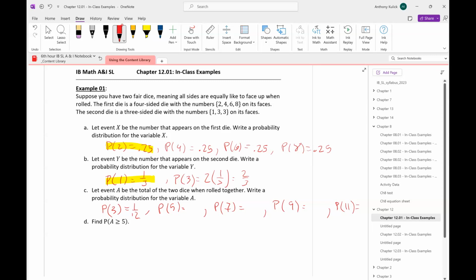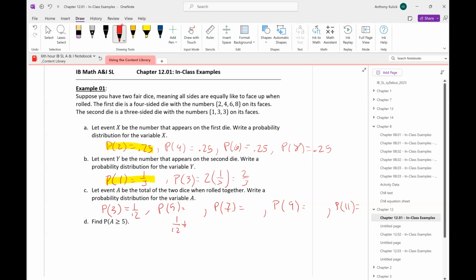And now, how can we get a 5? 2 ways. 3 and 2, and 1 and 4. Okay, so if I do 1 and 4, that's going to be 1/12, right?